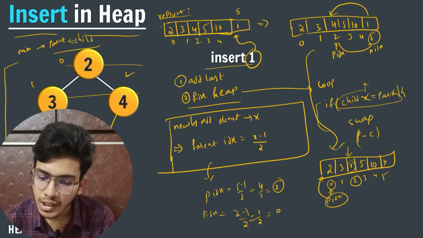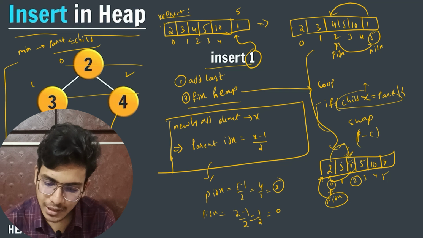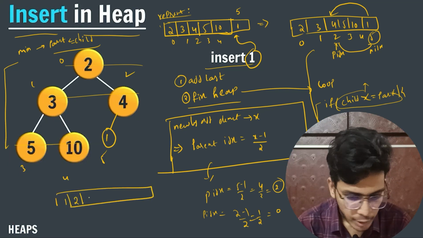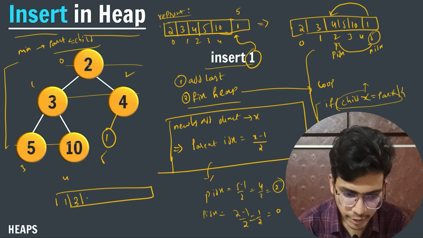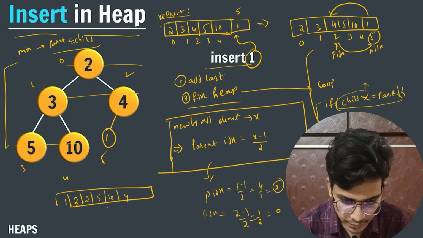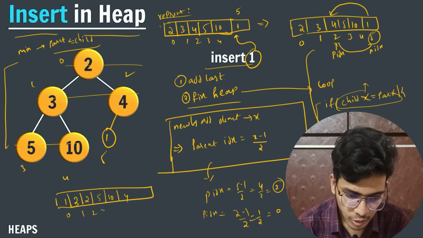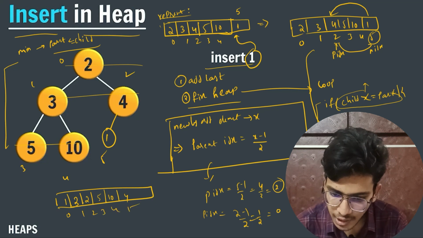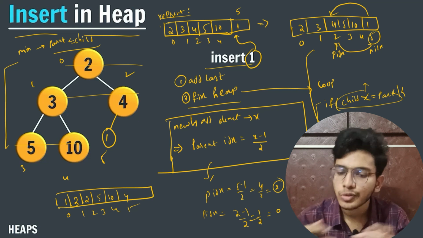If this is the condition, then swapping will take place again. So my final array will become 1, 2, 3, 5, 10 and 4, and these are the indexes 0, 1, 2, 3, 4, 5. Here this 1 will come to this position and 2 will go like this. So this swapping will continue.